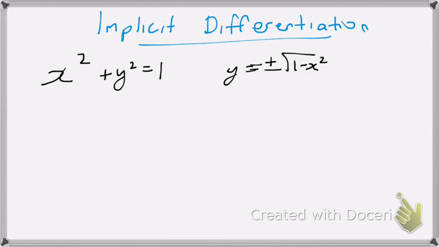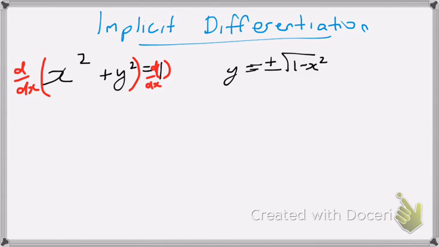Effectively you say, I want to differentiate all of that with respect to x, and I also want to differentiate the right-hand side with respect to x. So you just do the same thing to both sides, which is differentiating with respect to x.